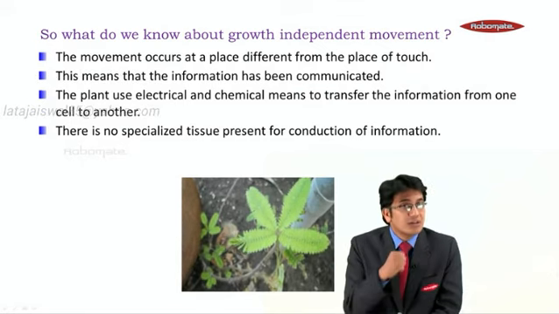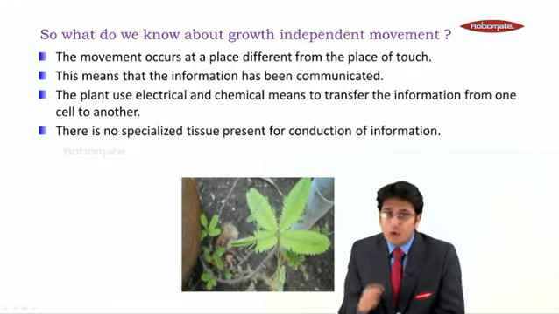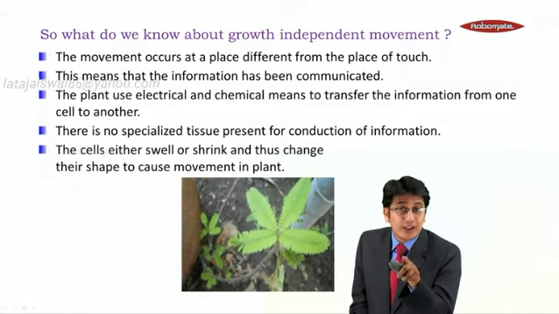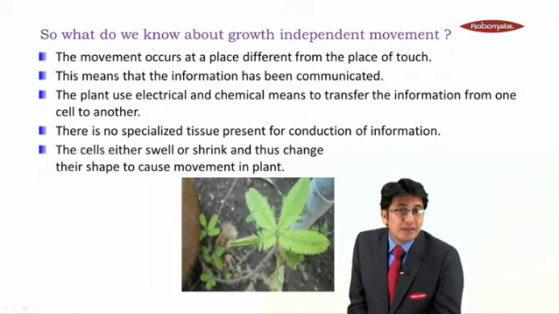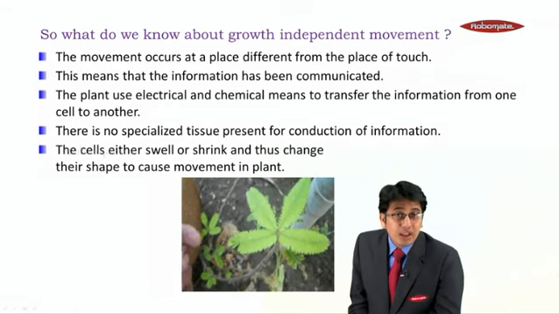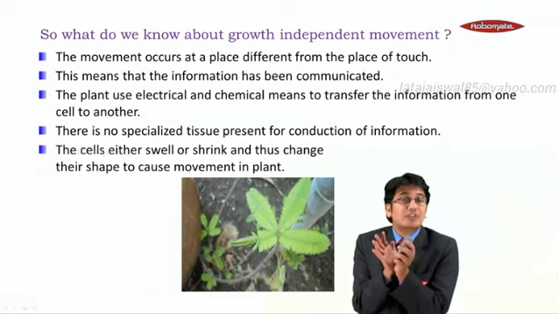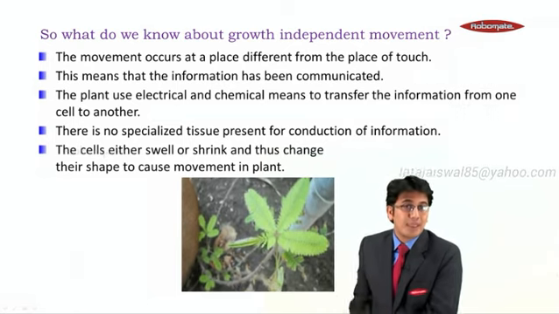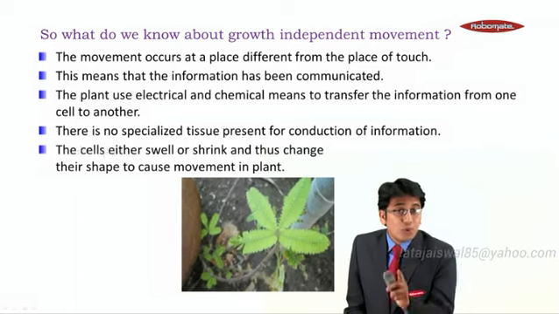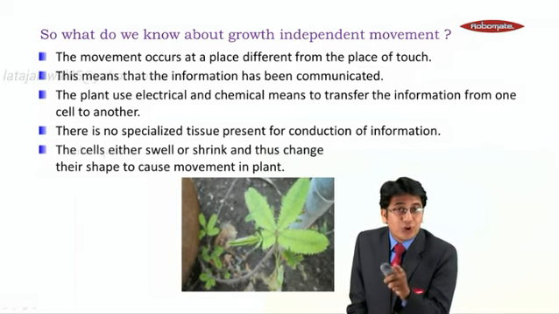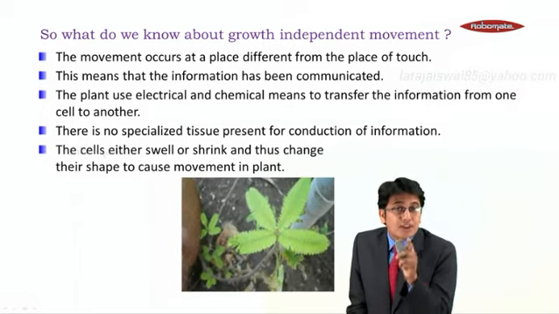The hormones conduct the information throughout the plant. The cells either swell or shrink and thus change their shape to cause the movement in the plant. If the cells swell, the leaflets open, and if the cells shrink, the leaflets close. In this way, the Mimosa pudica plant closes its leaflets because of the stimulus of touch.